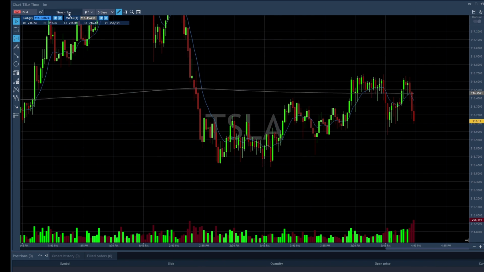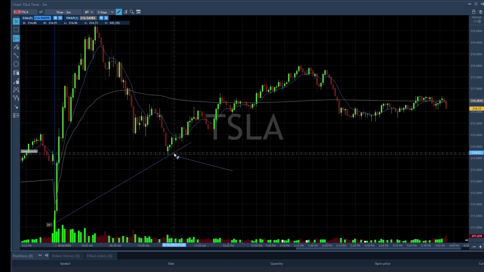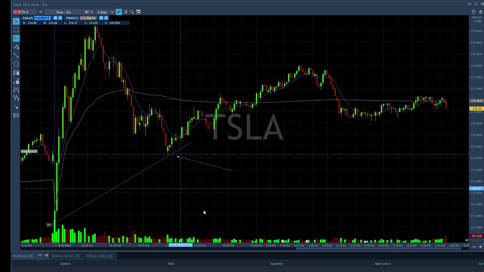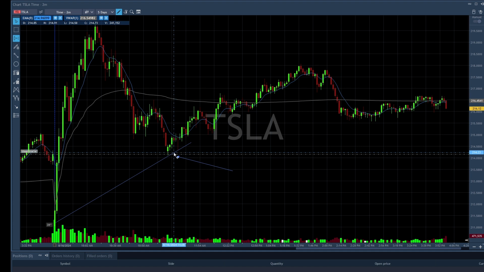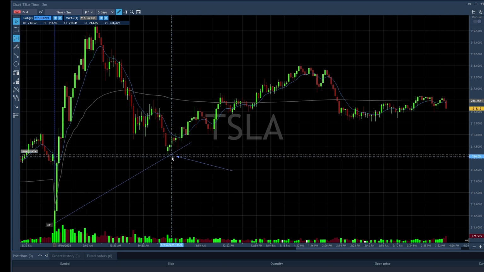Where is the close? At this area here, around 214 something. I'm buying a quarter of a position, a little bit towards half position, and my stop is exactly here, a really small stop, like 20-30 cents.